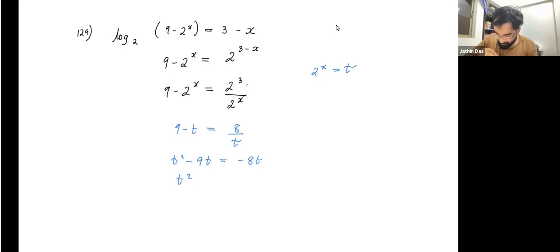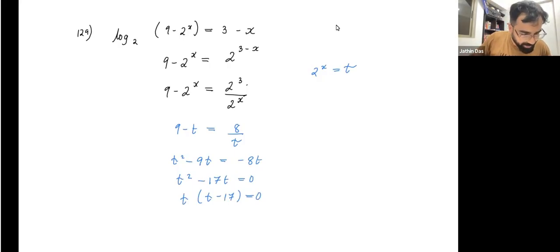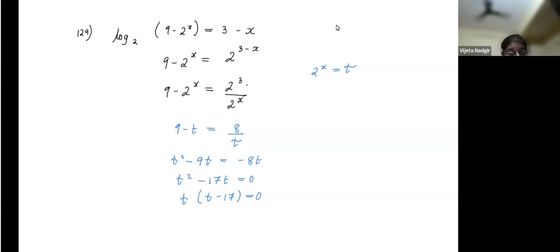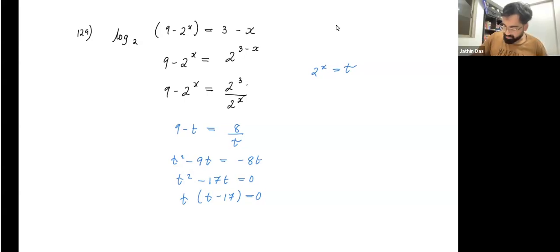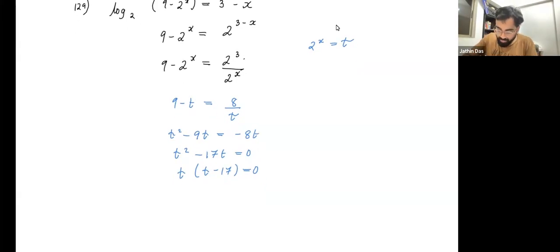Correct, no? 17t. So t is equal to, 17 कैसे मिला मुझे? What is the answer? Is it weird answer 129? I don't know. Okay, 0 they are giving. So t is equal to 0.